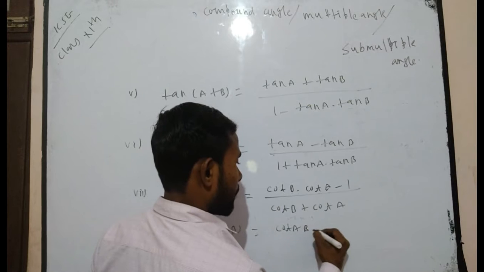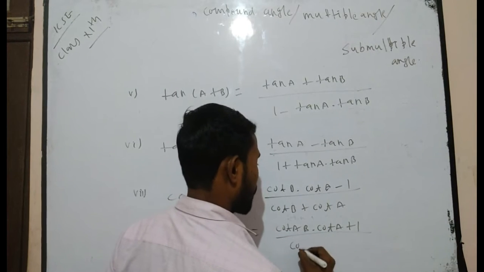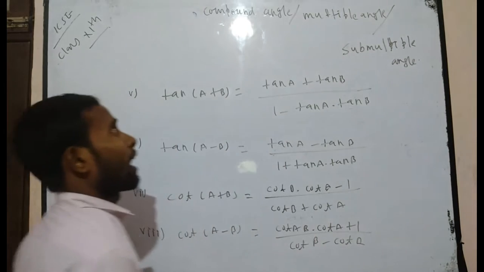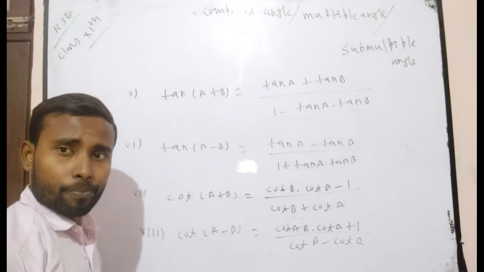Cot B into cot A plus 1 divided by cot B minus cot A. All this formula is called compound angle formula.